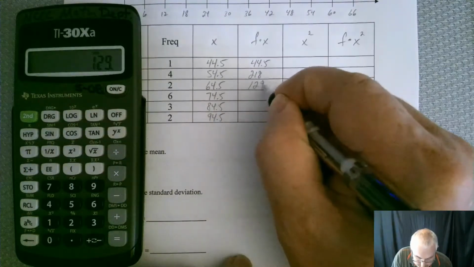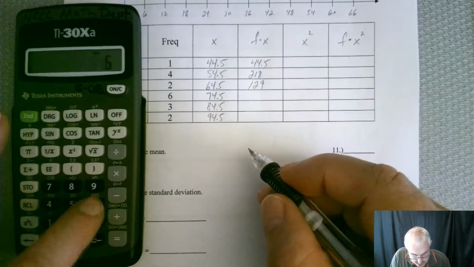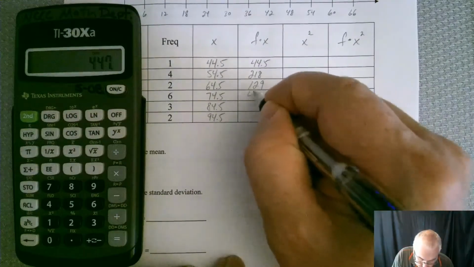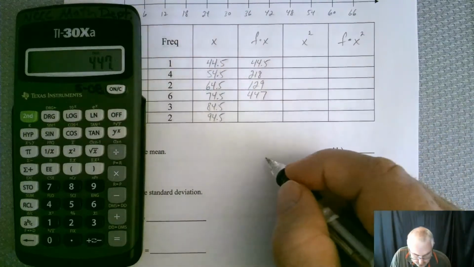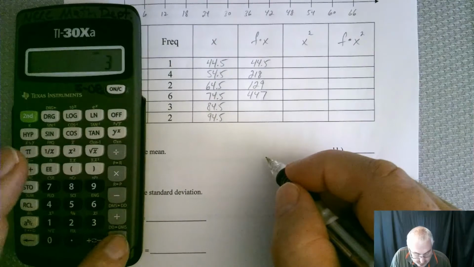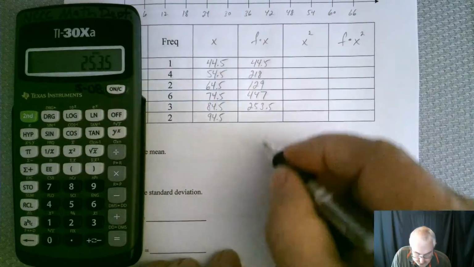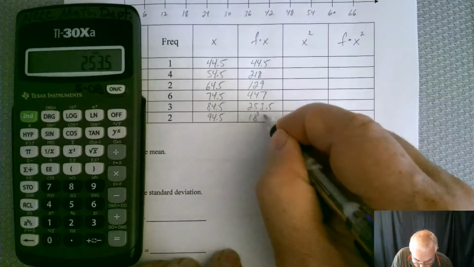Okay. 6 times that, 447. 3 times 85, 4.5 is 253.5, and 2 times that looks like 189.